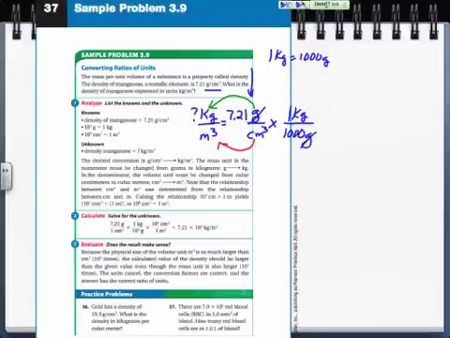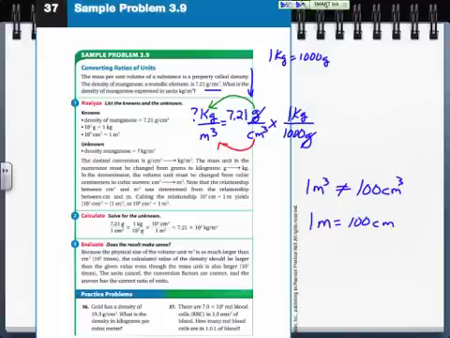I now need to convert to cubic meter, and this is going to throw people quite a bit here when we try to do this. Because here's what you have to think. This is not true. 1 cubic meter does not equal 100 cubic centimeters. Even though this is true, 1 meter equals 100 centimeters.